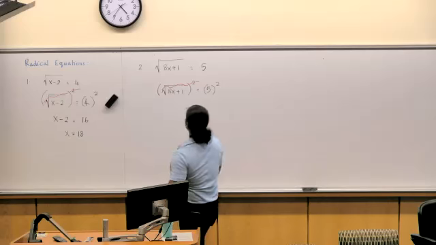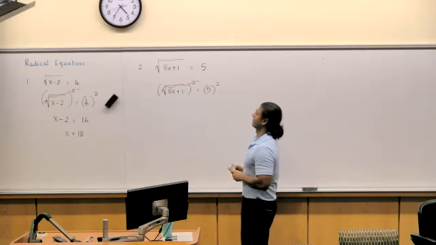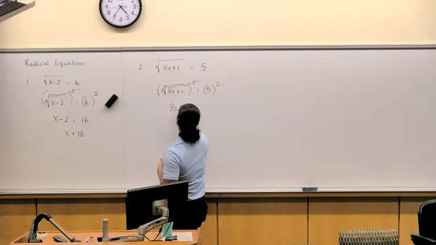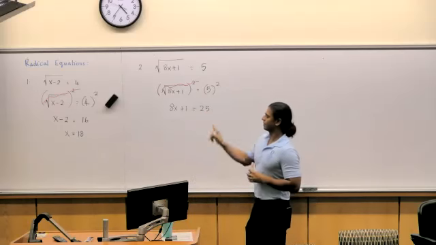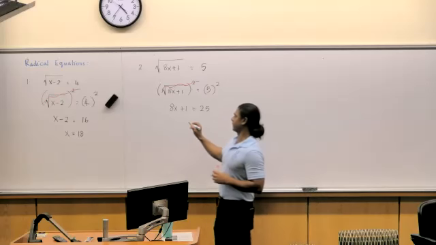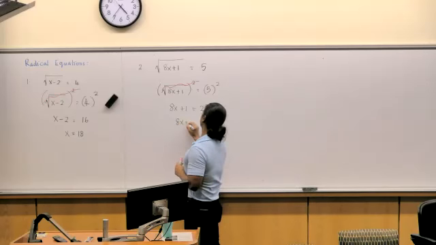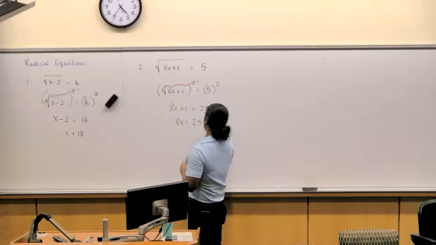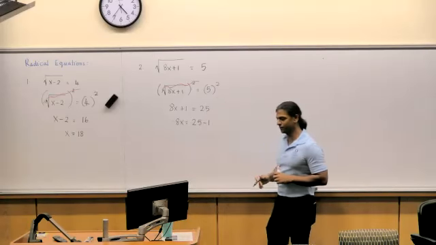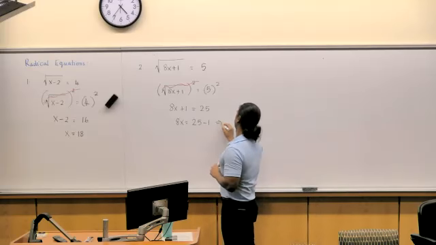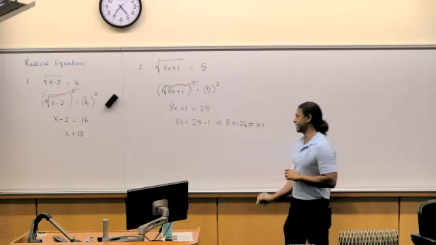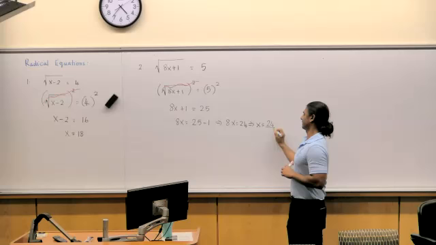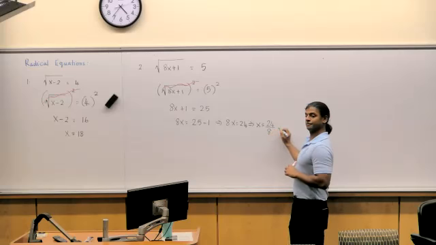The root and the square will get cancelled. 8x plus 1 equals 25. Subtract 1 on both sides or move that 1 to the other side. We will have 25 minus 1, which is 24. 8x is equal to 24, which would mean x is 24 divided by 8, which is 3.